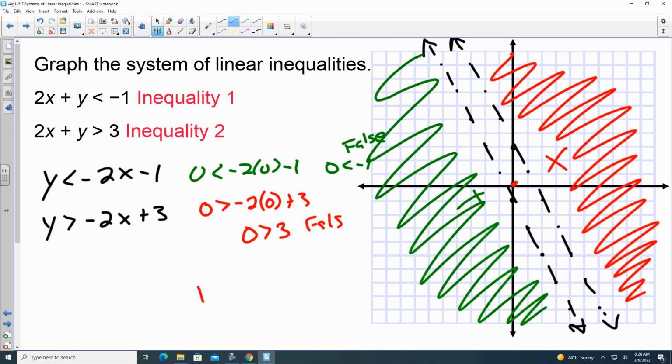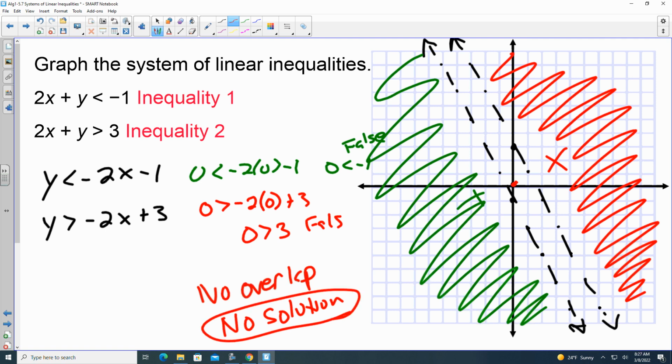Since there is no overlap, this is an example of a system of linear inequalities that has no solution. There is no solution for an ordered pair of x comma y that would satisfy both inequalities.